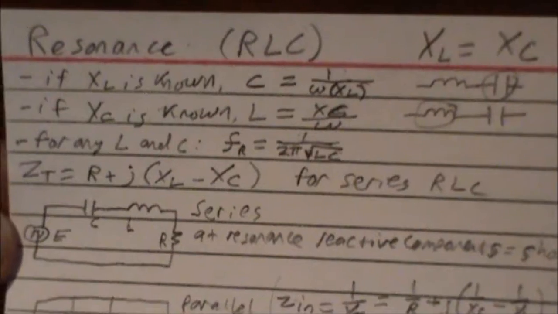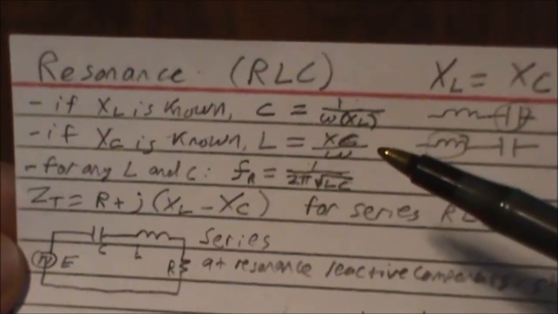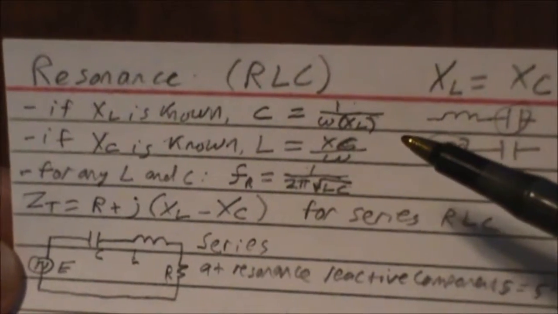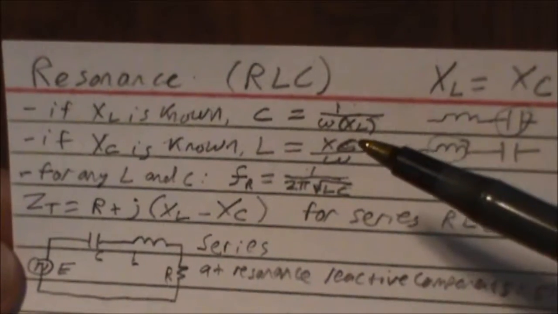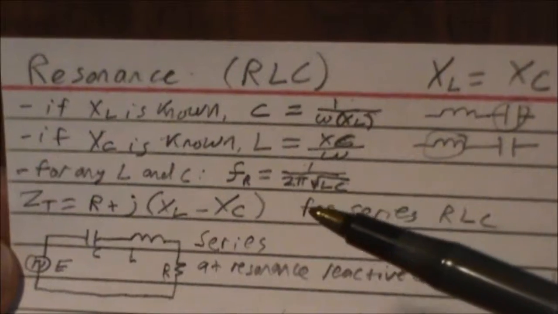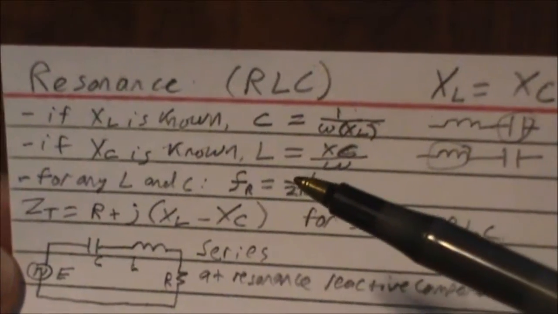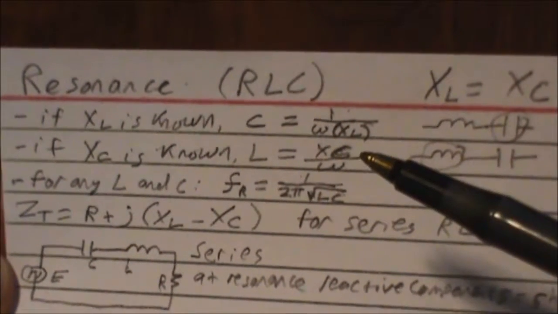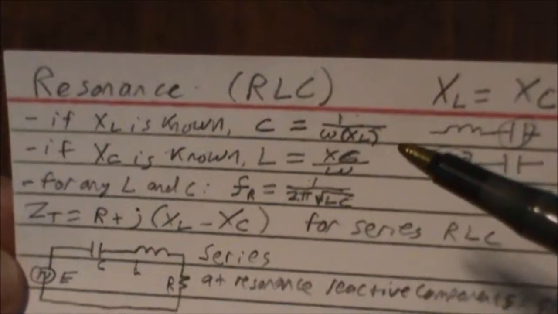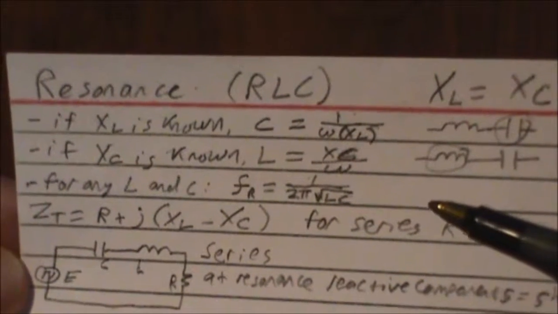So you can just go with these simple formulas for most cases for high quality coils. So getting back to it, your capacitance is 1 over omega times X sub L, or if you happen to know your capacitive reactance, then the inductance that you want to use is your X sub C over omega. And as you can see, each one of those can be solved for by simple algebraic properties.